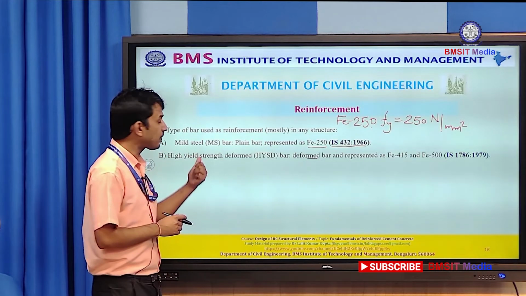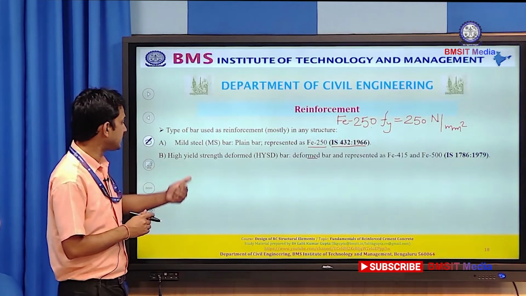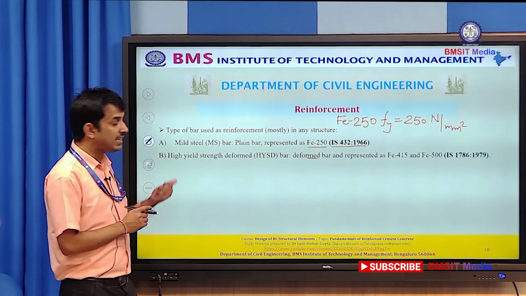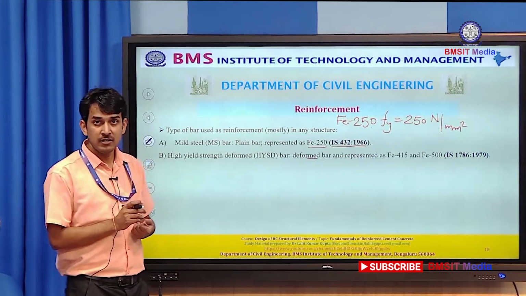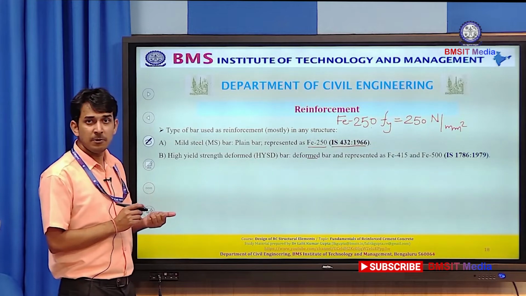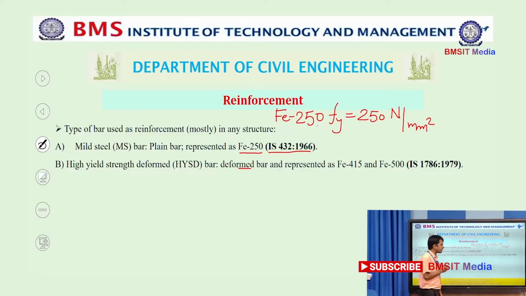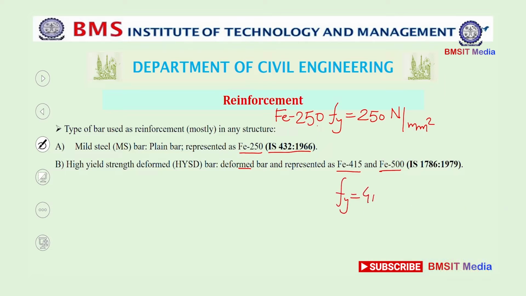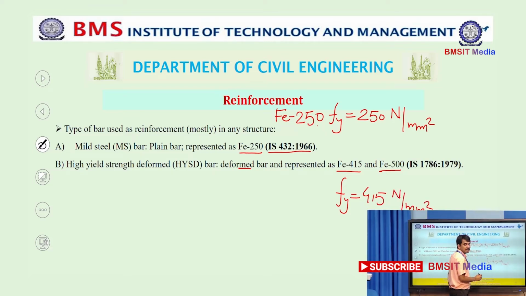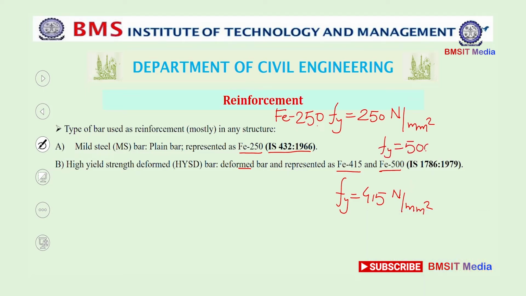The second type of reinforcement is the HYSD bar, that is, the high yield strength deformed bar. In this we have two grades: Fe415 and Fe500. For Fe415, the yield stress Fy is 415 Newton per mm square, and for Fe500 the yield stress is 500 Newton per mm square.